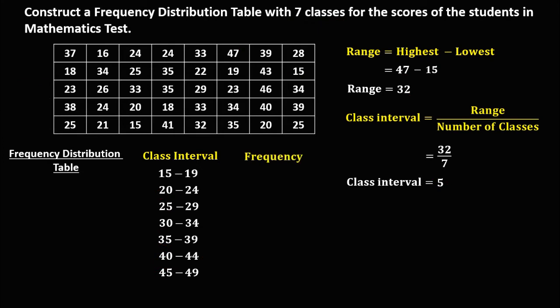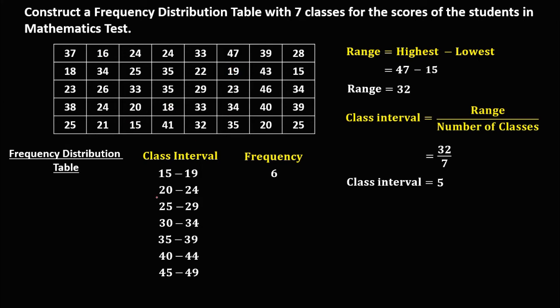Then in finding the frequency, in the first class we need to find the number of scores within 15 to 19. In the given scores, within 15 to 19, we have 1, 2, 3, 4, 5, 6. So 6 scores within 15 to 19.